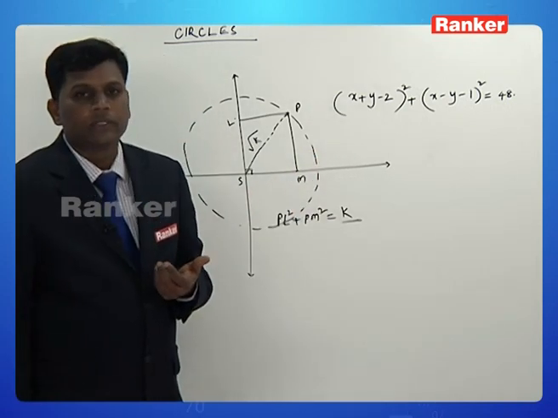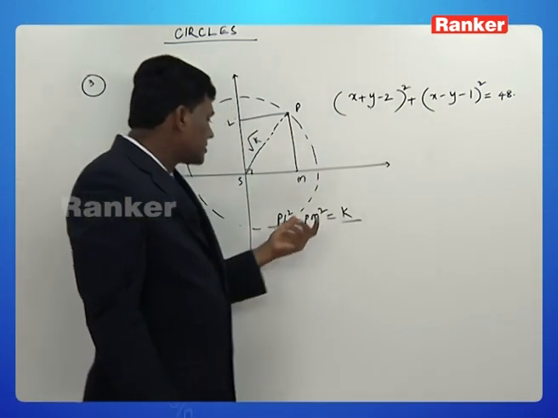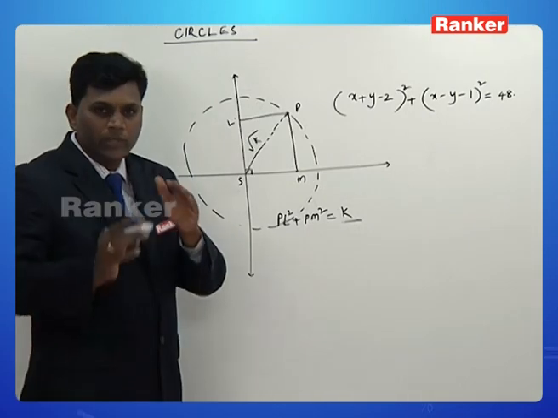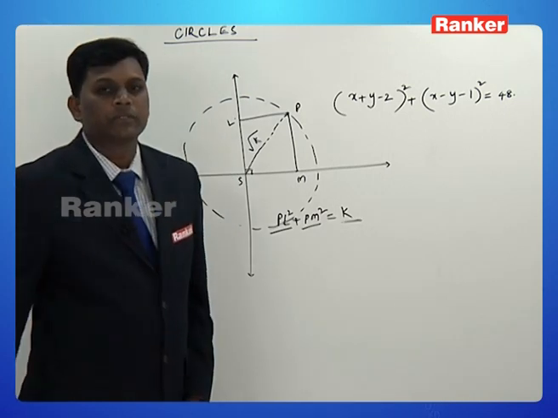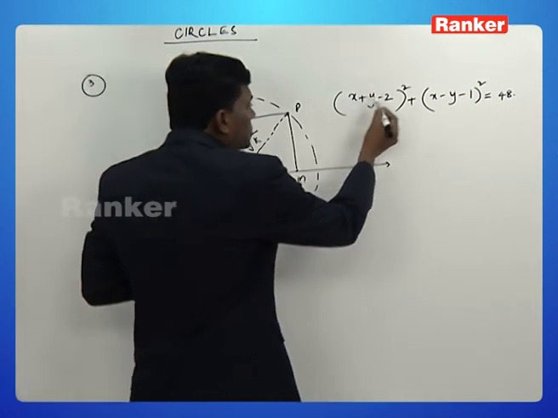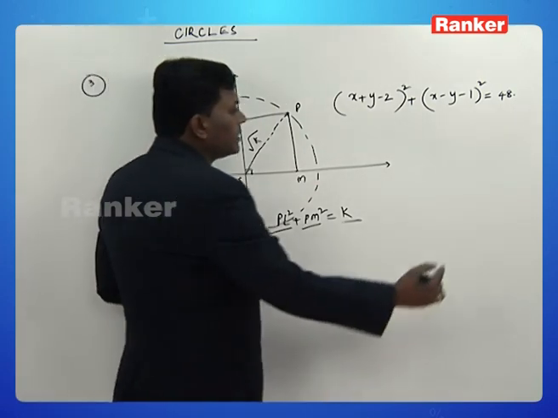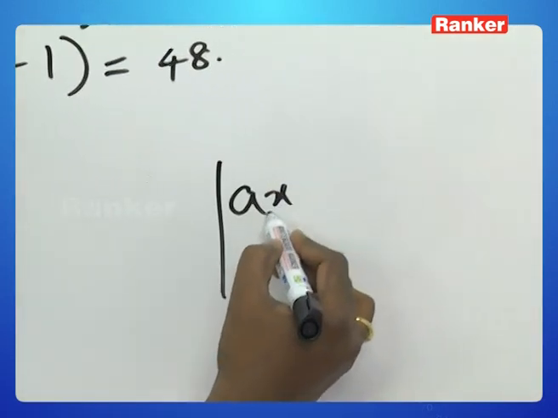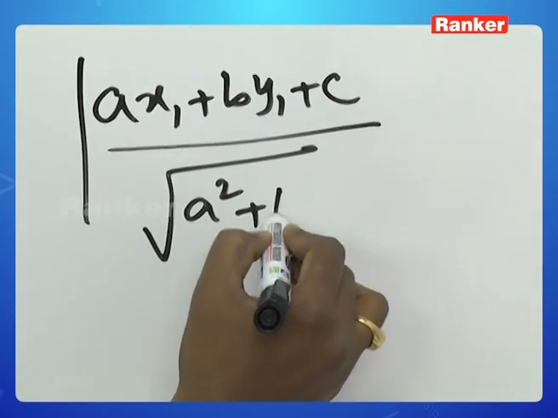For that, as you observe this one, it is almost very close to the standard equation PL square plus PM square equals K form. But the only difference is that PL and PM represent perpendicular distance forms from a point to a straight line. As we know already, the perpendicular distance from a point to a straight line is modulus of ax1 plus by1 plus c by root of a square plus b square.